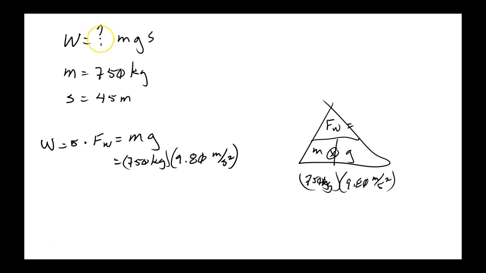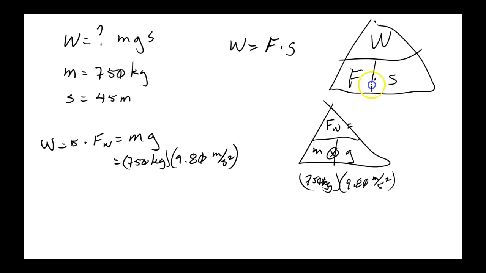Then you multiply that, and you can use the same thing up here. Work is equal to force times displacement. Put the work up here, force here, displacement here, and you can either draw your triangle or your circle, with the multiplication symbol. But do the force first in its little triangle, then do the work in its little triangle. You don't have to use triangles, but if you are, do them separately. This then is your force due to weight. Okay?